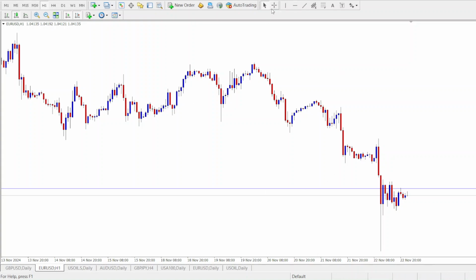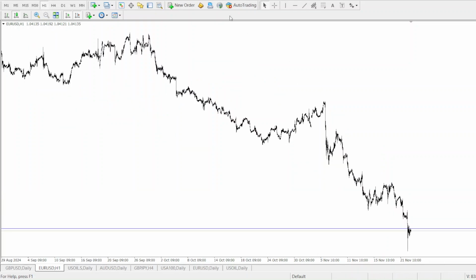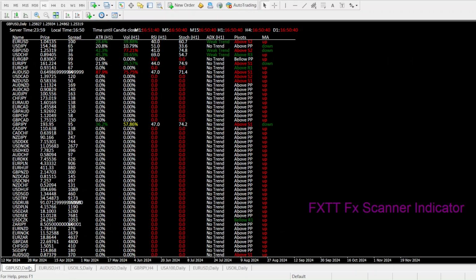We can see that the Euro USD pair is currently in a sell trend, right? But based on this indicator, the ADX is telling us that the trend is weak. And we have a pivot S2, the price is above the support 2, and the moving average is up.